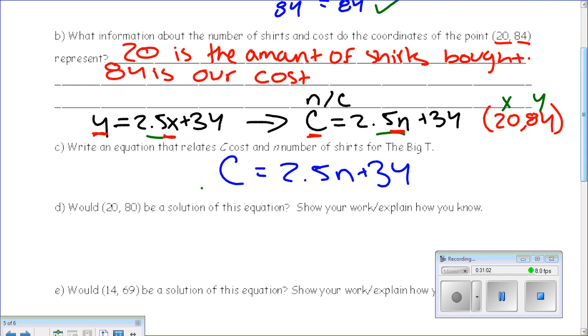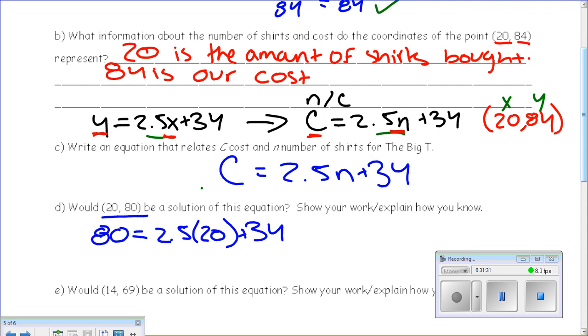And it's now asking us, is this a solution? So we can plug these in like we did up above and solve for it. Before they gave us 20 and 84.